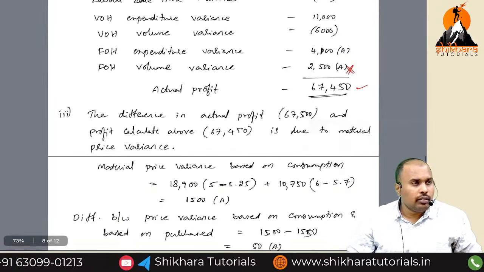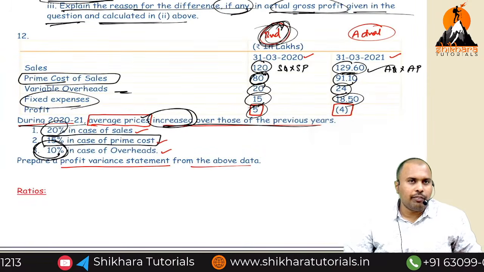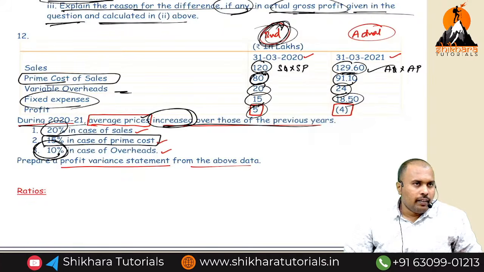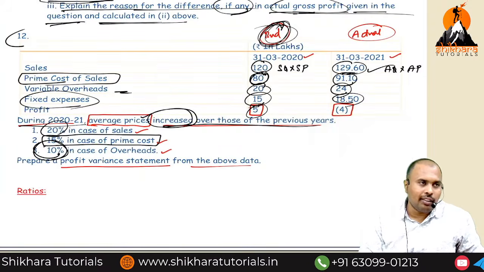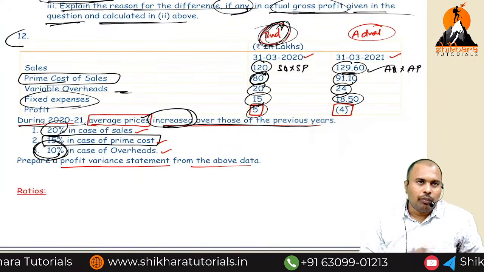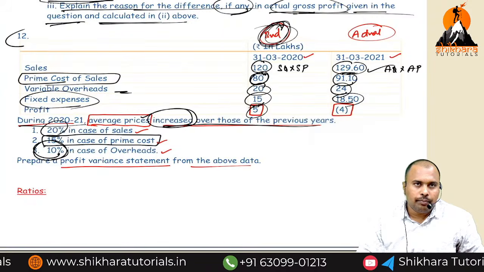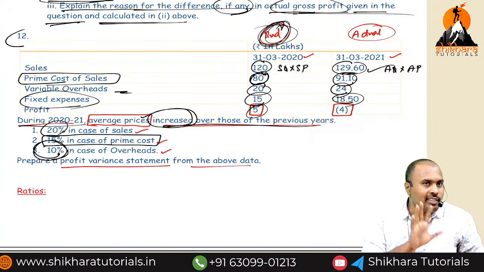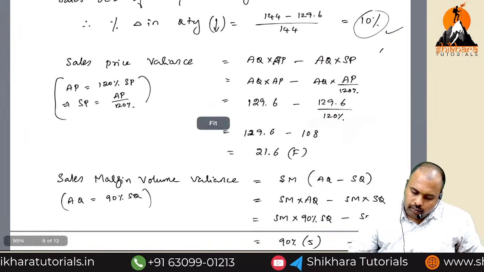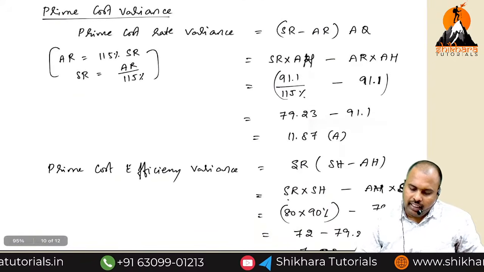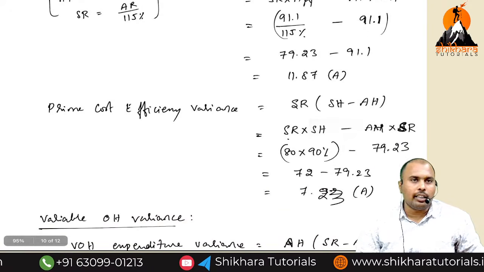Understood? Clear with this problem? It is easy only, not a difficult one. It was given for 7 marks in a previous exam. But to do this sum, your standard costing formulas alone are not enough. Conceptual clarity is enough. One thing: standard is always for actual output, while budgeted cost is not applicable for sales. Wherever I calculate the prime cost variance or prime cost efficiency, standard hours into standard rate is nothing but standard cost.